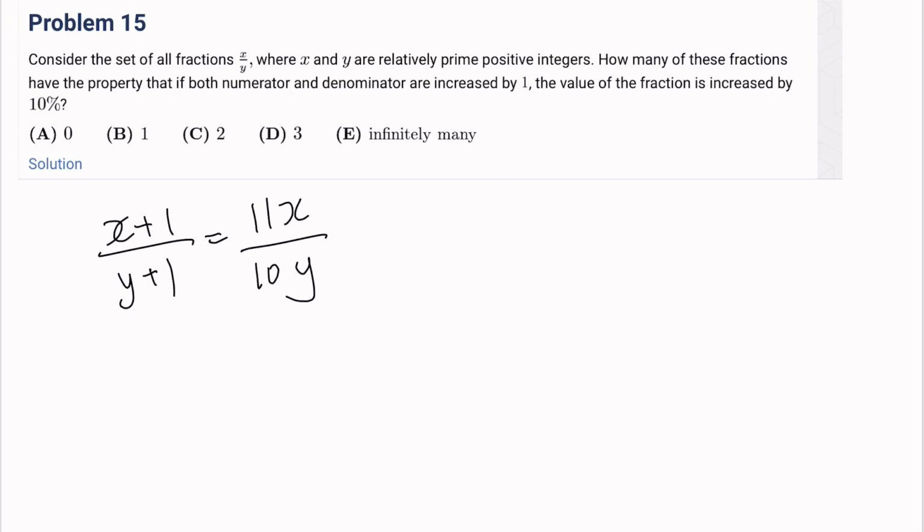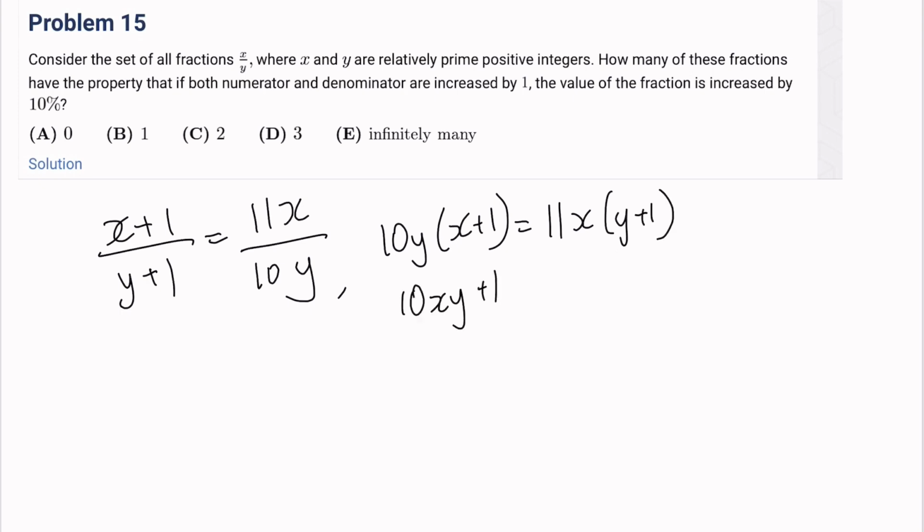And so cross multiplying, that will give us that 10y times x plus 1 equals 11x times y plus 1. And so 10xy plus 10y equals 11xy plus 11x.